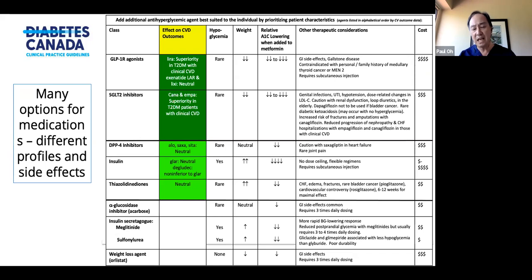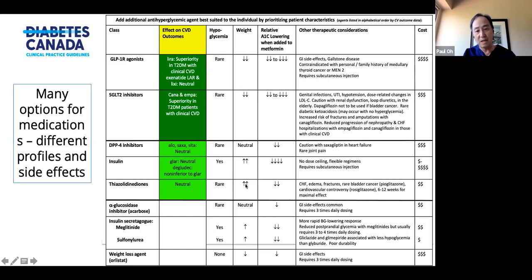But what a table like this will remind us about is that some medicines differ from others in their effects on cardiovascular outcomes, in their effects on common side effects like lower blood sugar or hypoglycemia. Some medicines may affect our body weights differently. Some will help us reduce body weight.